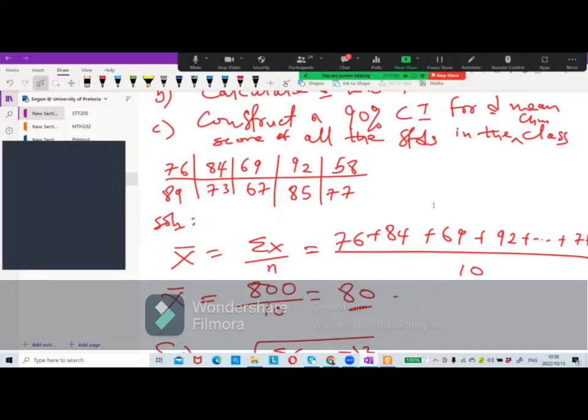Yes, Muraina. The X bar is 77, sir. Yes, who else again? It's 770 divided by 10, 77. 770 also, right?